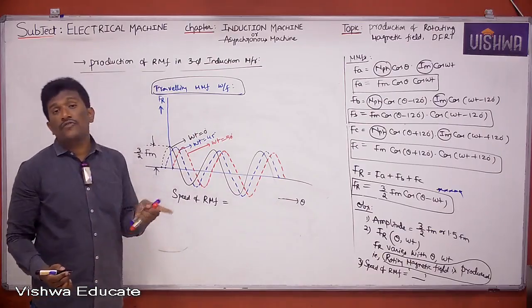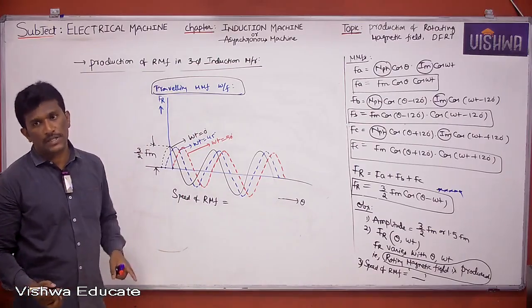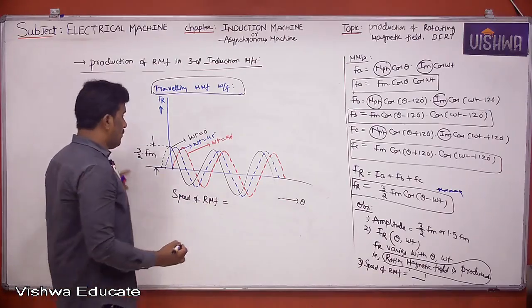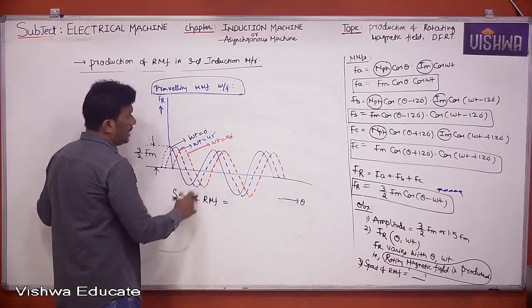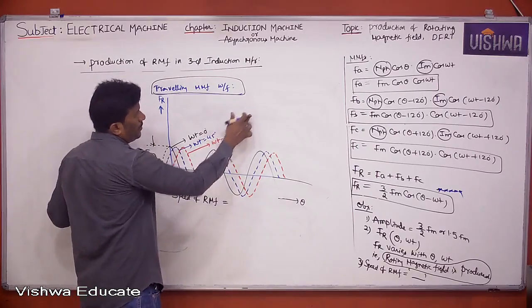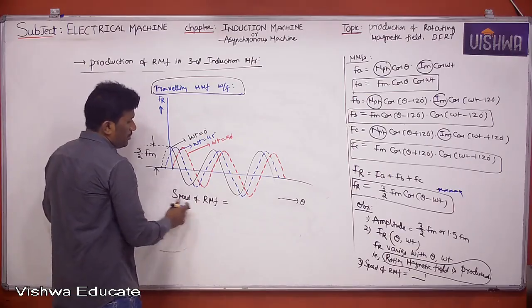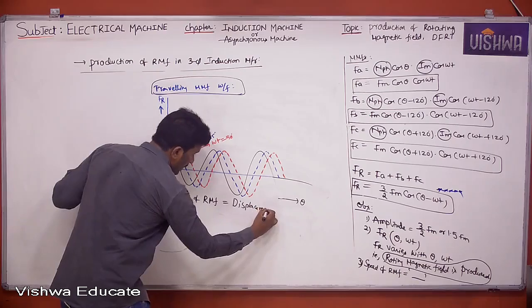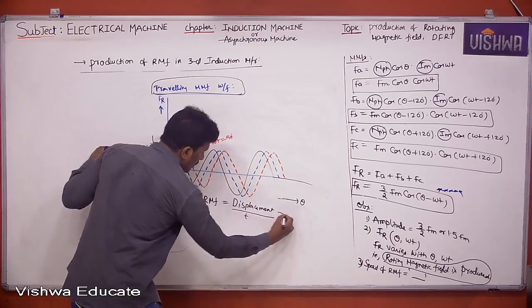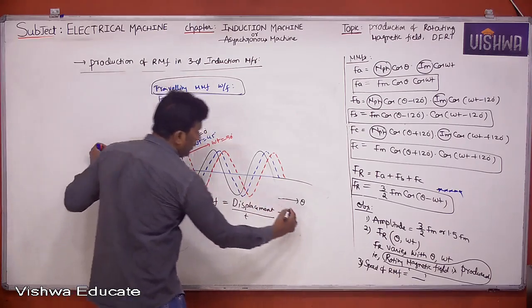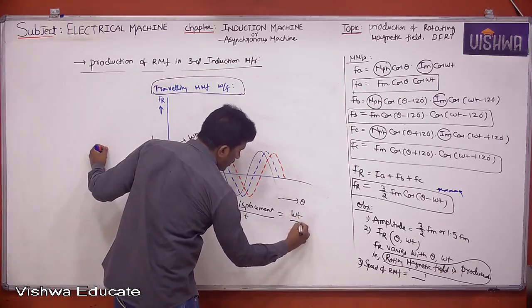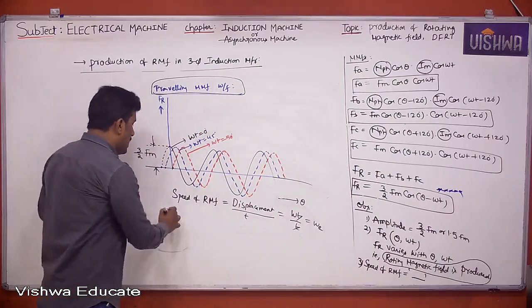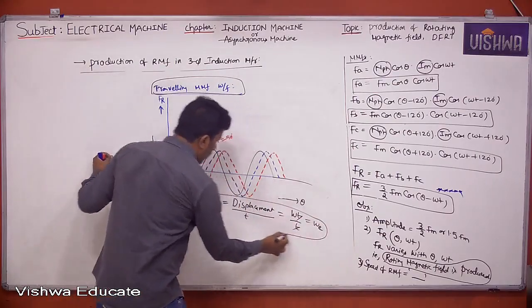So the speed of the rotating magnetic field: generally we write velocity equals distance by time. Like that, here speed of RMF equals displacement by time. Here displacement I can take as omega t, divided by time t. So this becomes omega E, which is nothing but angular frequency.